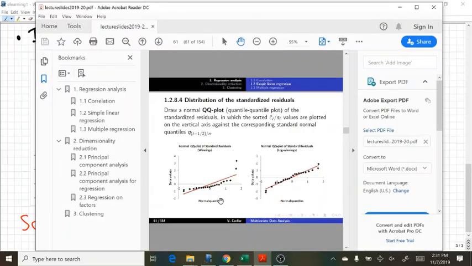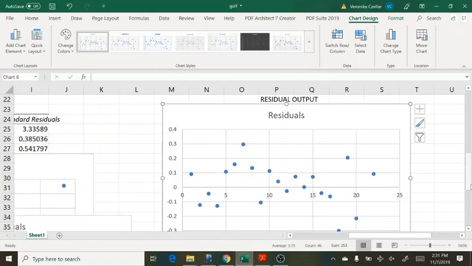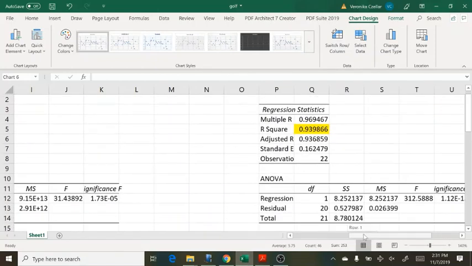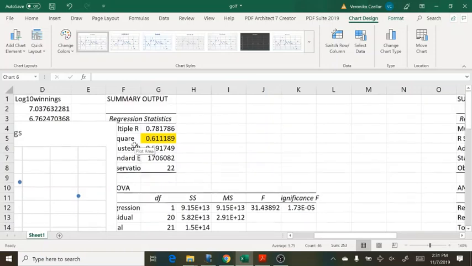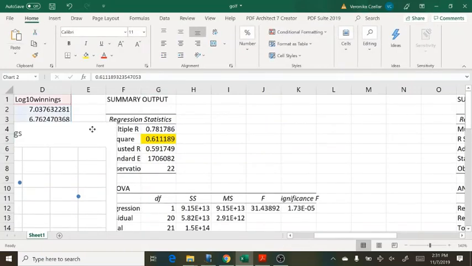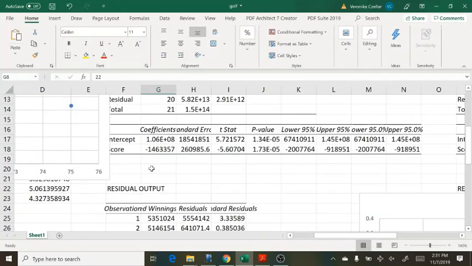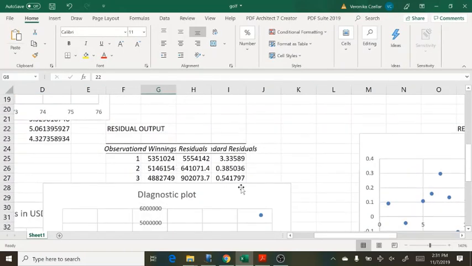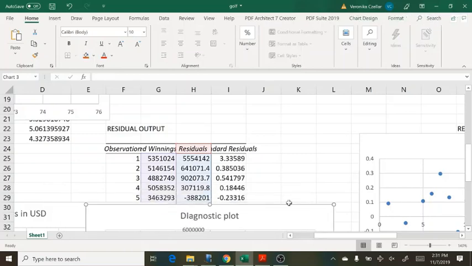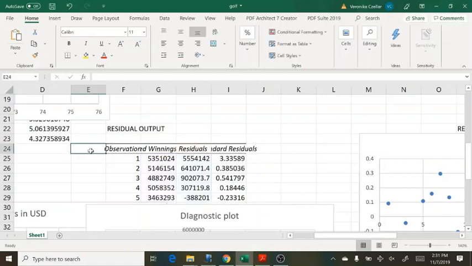Concretely, if I go back to my Excel sheet, let's do it with first the first model, the one in which we use the linear relationship between the winnings, and we regress the winnings on the scores. So here, what I will do is report the quantiles of a normal distribution, so standard normal quantiles.